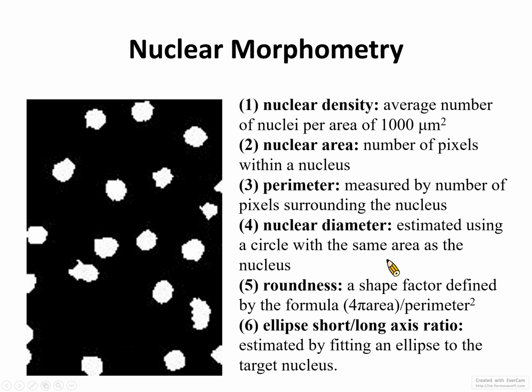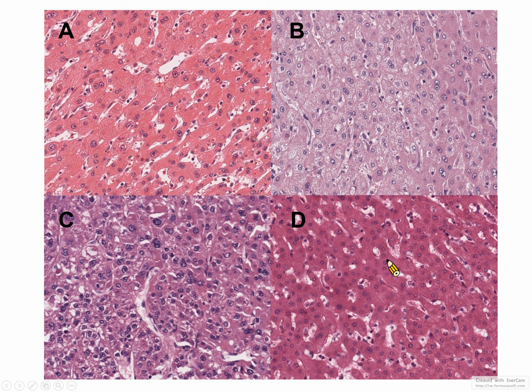So let me go back to this one. I just want to show you that pathologists actually have 4 principles to differentiate tumor in benign and cancer.